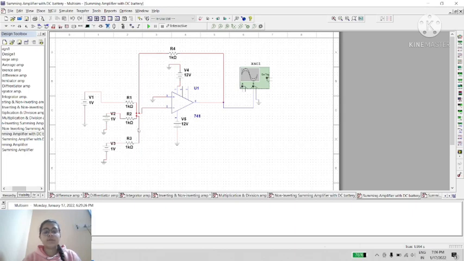We have used 3 resistors of the same value, and the feedback resistor also has the same value, and the input supply voltages are 1 volt, 1 volt and 1 volt. By theoretical analysis we should get minus 3 volt total from the formula. So let's check.